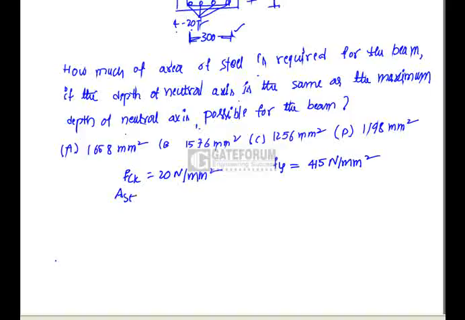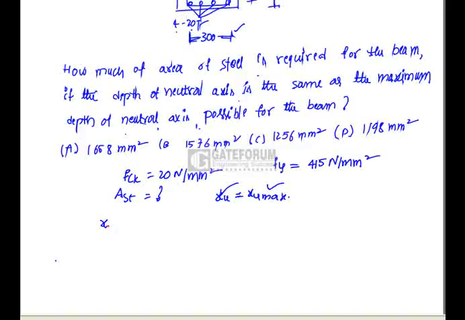Ast we have to find out, and from the question it was given as xu limit, xu max, the depth of neutral axis is same as the maximum depth of neutral axis.